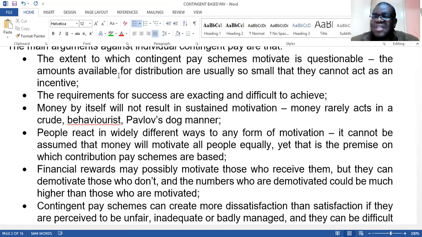When you roll out a contingent-based scheme to reward employees, what will be required to achieve success may be a bit high a threshold for employees, so that you almost end up with a scheme that is intended to offer additional reward, but almost none of the employees will achieve the desired targets, objectives, etc.